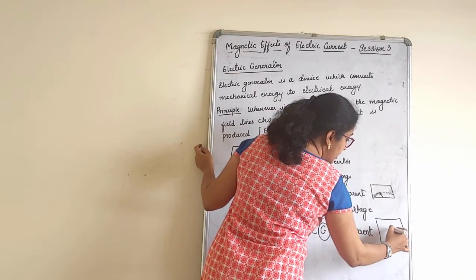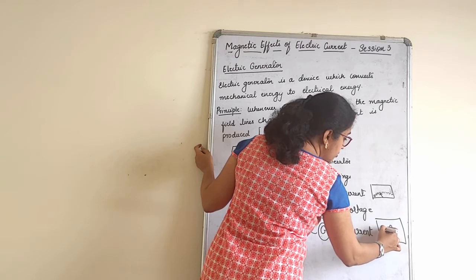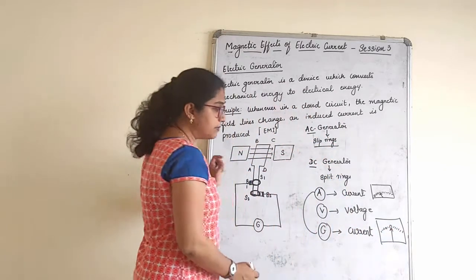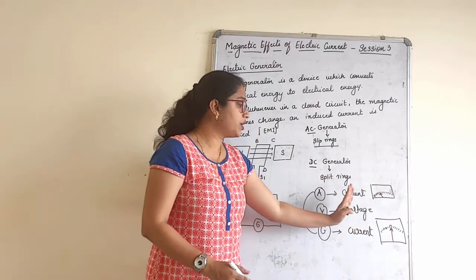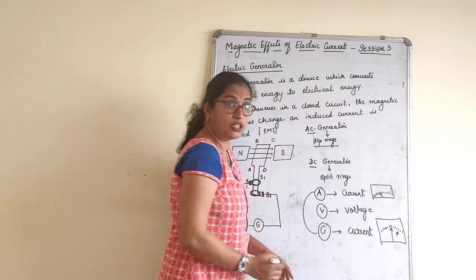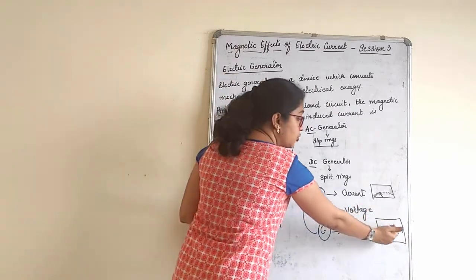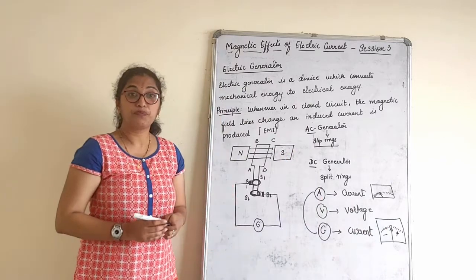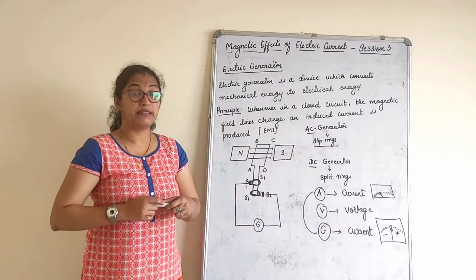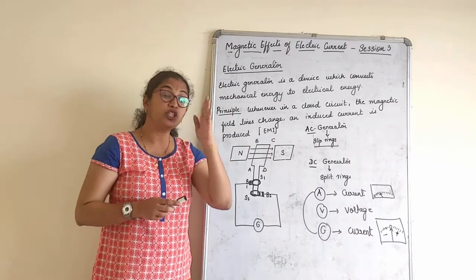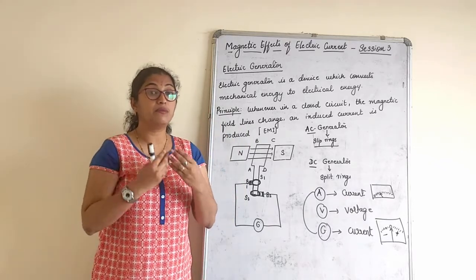The galvanometer reading will start from 0 in the middle. So it will have readings on this side and on this side. That means if the galvanometer shows towards the right, it is showing a positive deflection. If the galvanometer shows towards the left, it is showing a negative deflection. It is not a positive or negative current. It tells us the direction of the electric current. In which direction is the electric current moving?